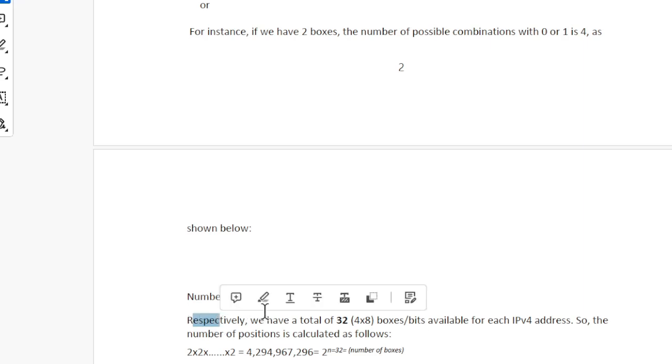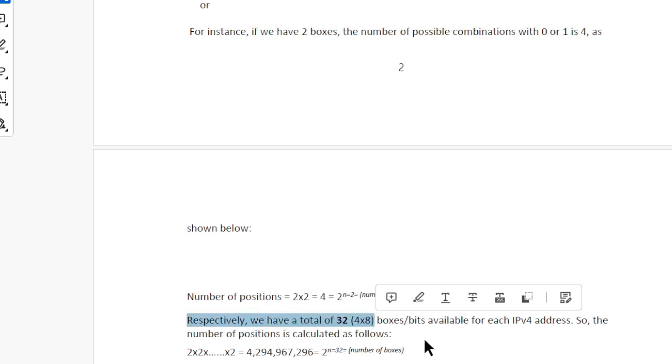Here we have a total of 32 boxes, which is 4 multiplied by 8.